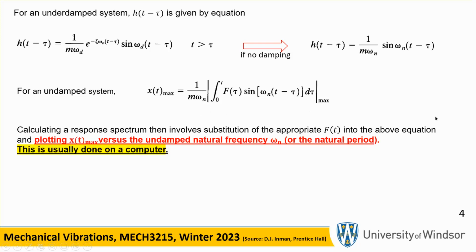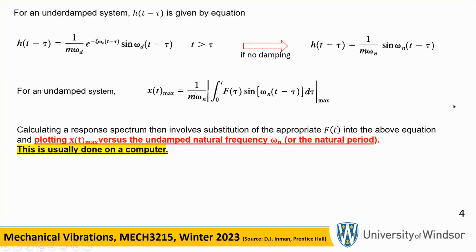Generally, what you want to do is to have a plot of x max versus omega n. Now notice, don't try to do it versus R, because R is the frequency ratio, which is the ratio of the driving frequency over the natural frequency.